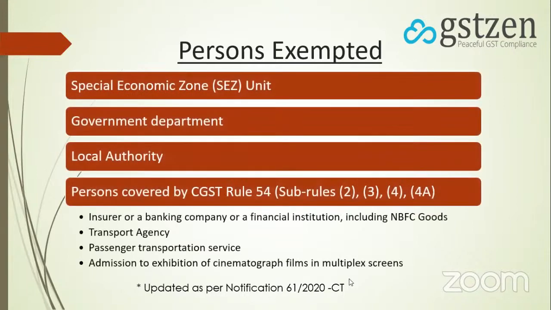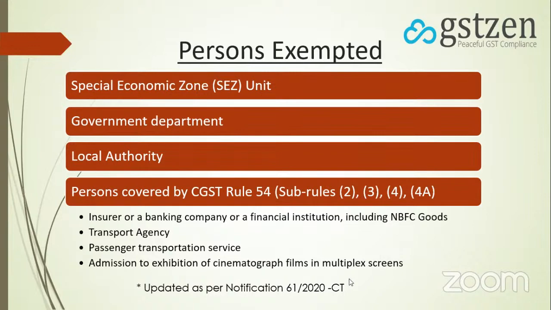So these are the persons exempt from e-invoicing. That is your SEZ unit, a government department, a local authority, and persons covered under CGST Rule 54. That is your insurer or a banking company, financial institution, including NBFC, a transport agency, passenger transportation services, admission to exhibition of films in multiplex screens.